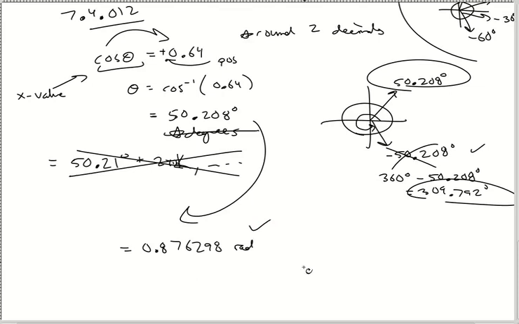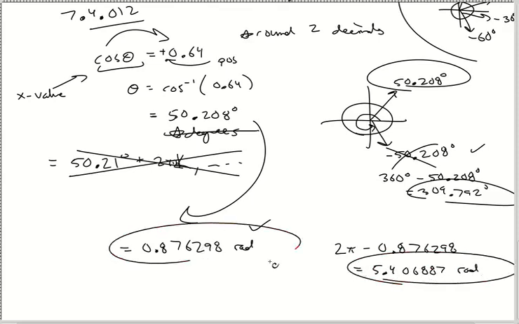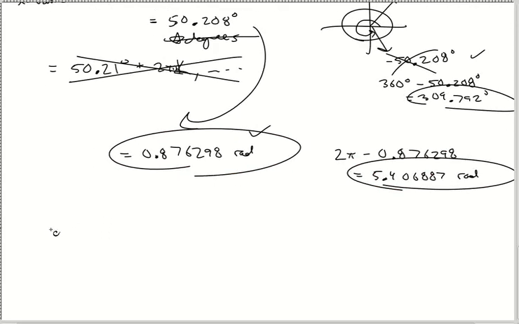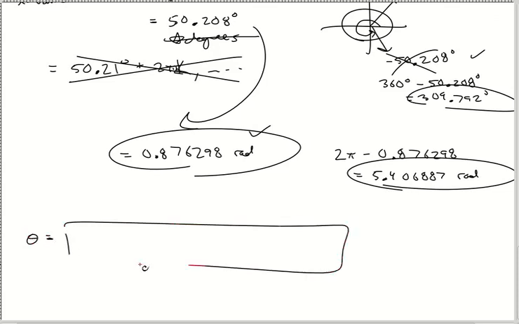So this is a good answer. How would I go and find my other answer? Remember that I said 360 minus the amount, so 2 pi minus this amount. And here I got 5.406887, again radians. So these are excellent answers. Now I'm just going to do that 2 pi k thing and call it a day. So my theta should be, again, these are decimals here, 0.88, since it says 2 decimals.